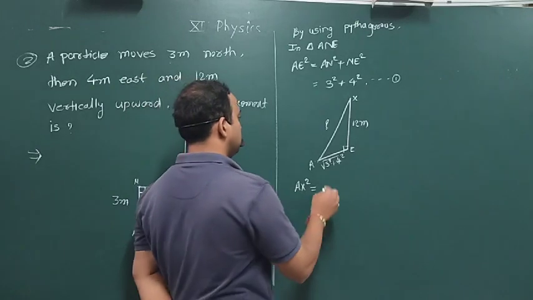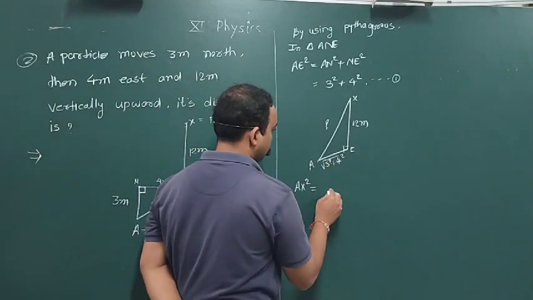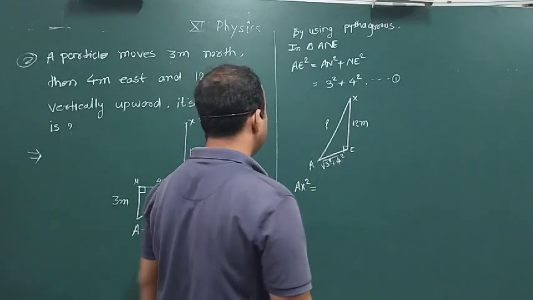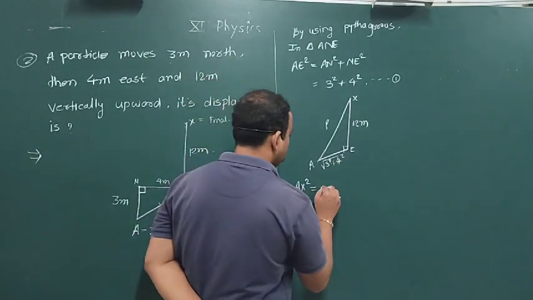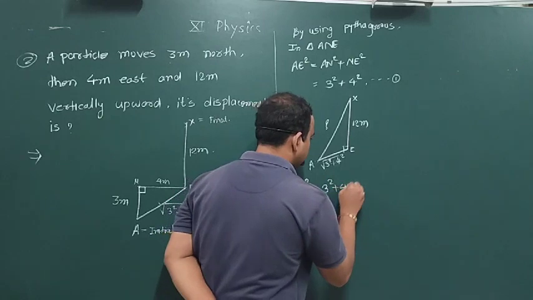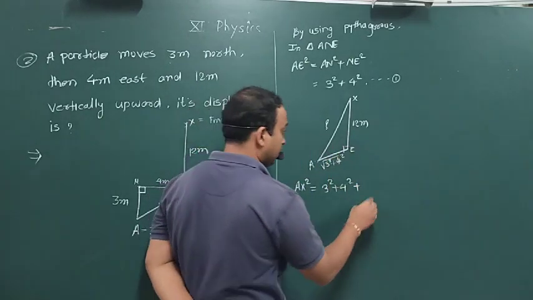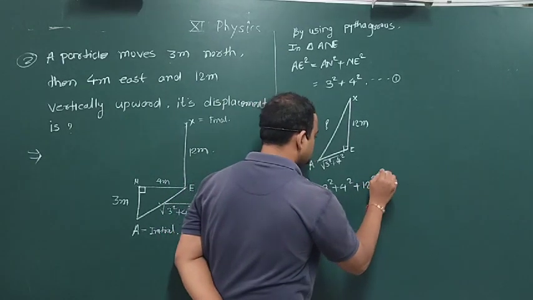So AE square plus EX square, which is equal to this square. So we get 3 square plus 4 square, and EX is 12, so 12 square.